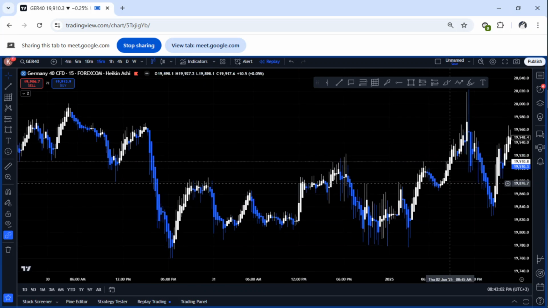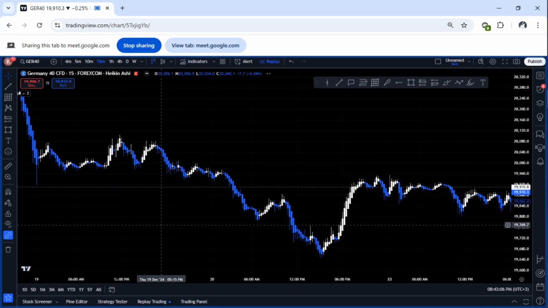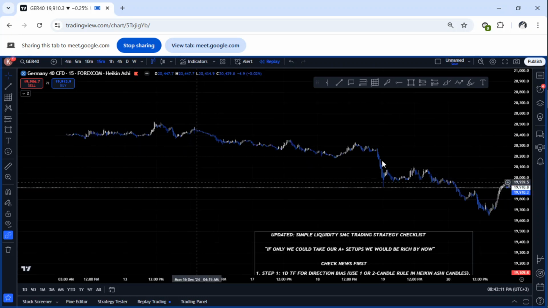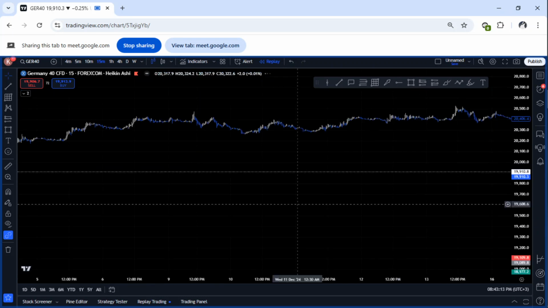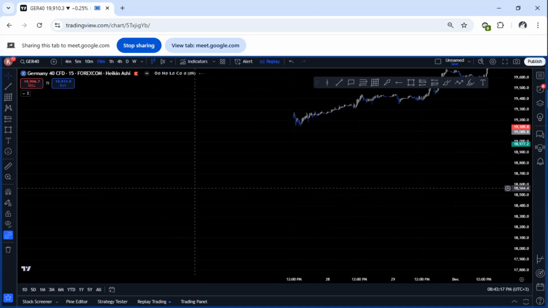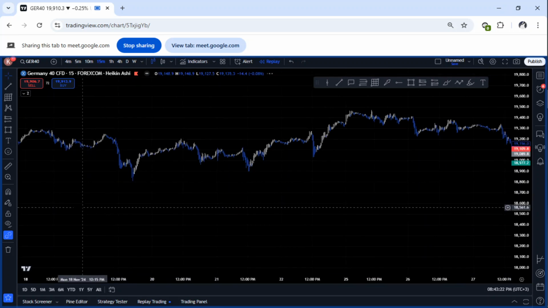I wanted to look for that entry. Can I get it on 15 minutes? So my chart does not allow me to reach those backward charts. This is on November.